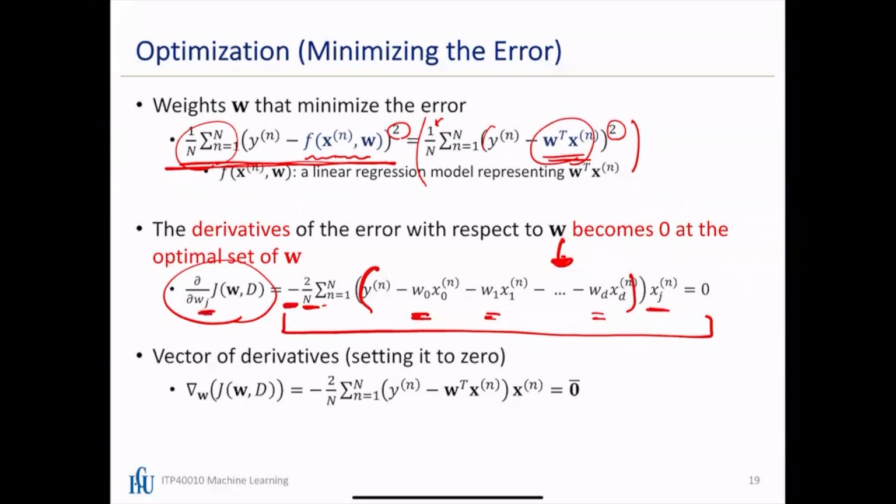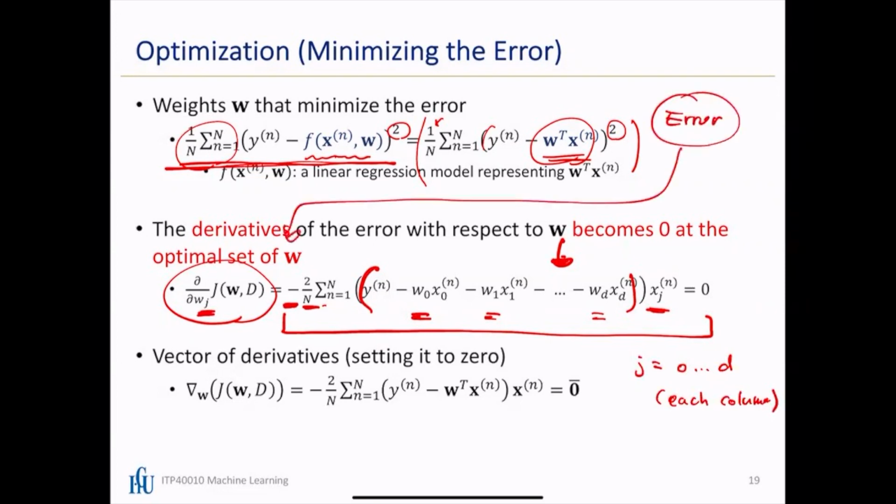Notice that there is an index j, so j is representing each column. This is the error function, and the partial derivative of the error function is on the second line. So we obtain the derivative and set it to 0.